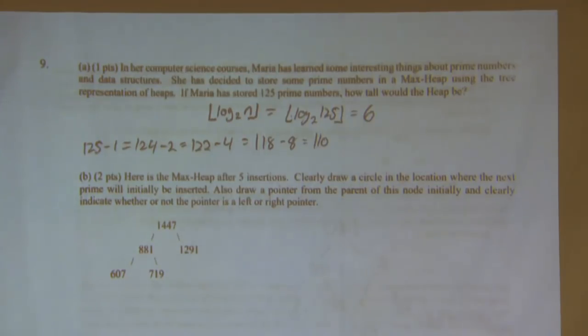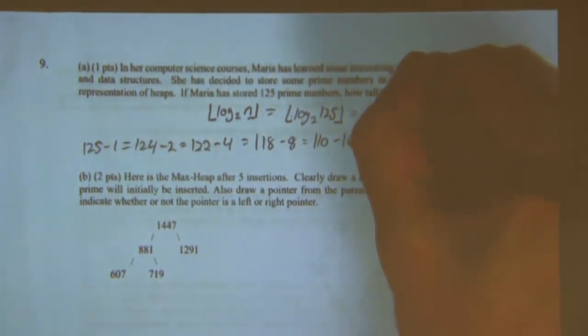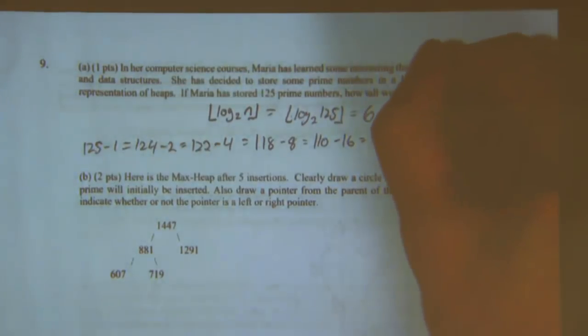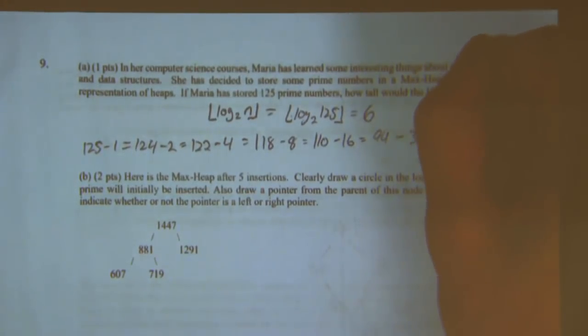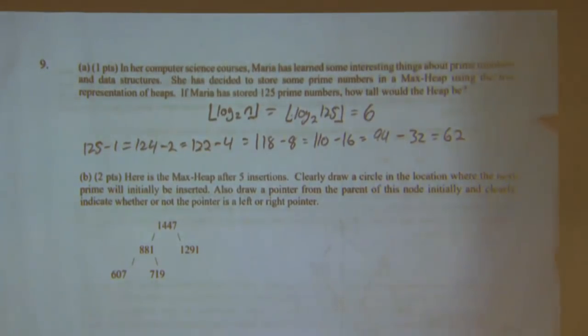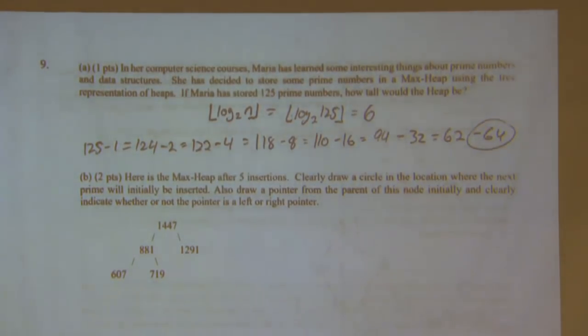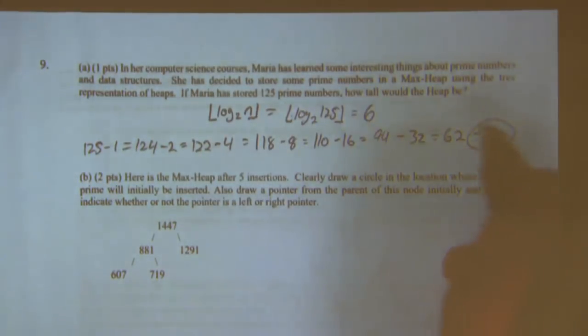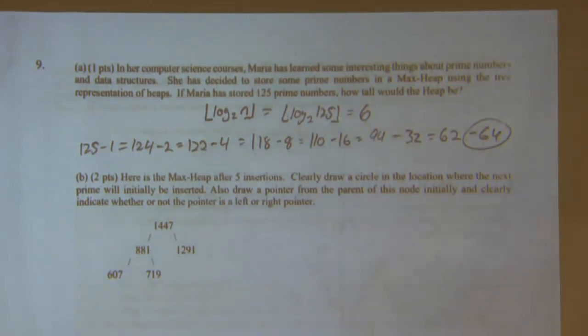Let me just make sure I'm doing this subtraction right. Then we subtract 16, and we get 94. Then we subtract 32, and we get 62. The next thing we would subtract would be 64, which is greater than 62, right? So this is a level, but it's not a completely full level, and that's where we stop.